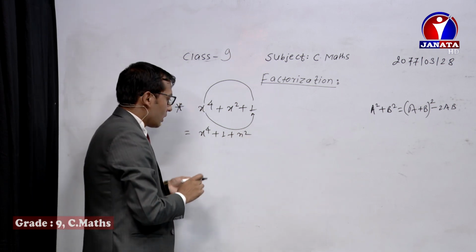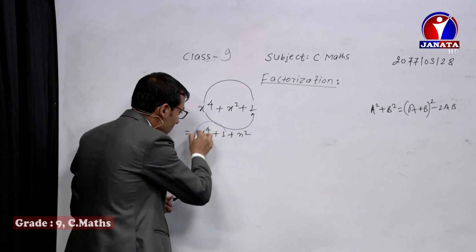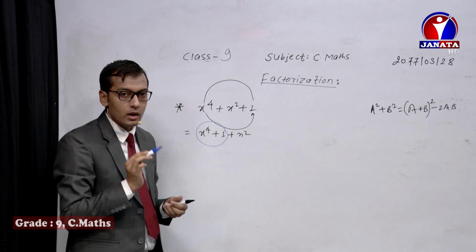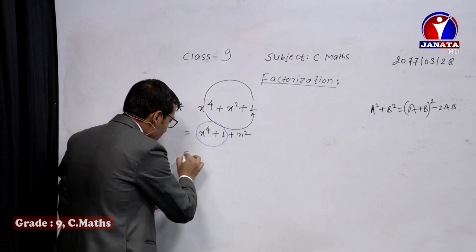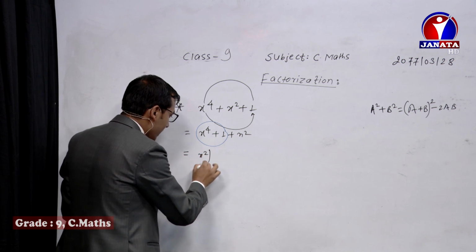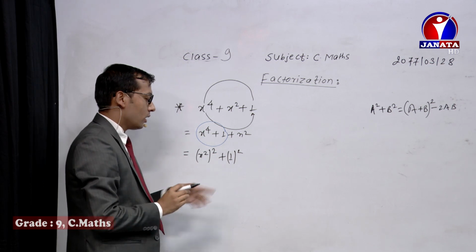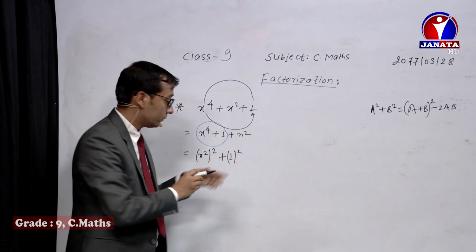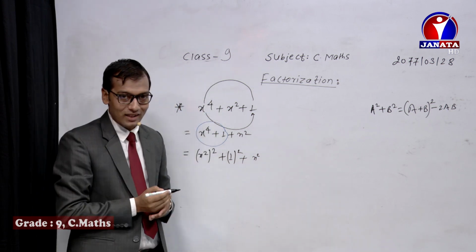Let's convert these first two terms into a square plus b square form. x to the 4 is (x square) whole square, plus 1 square, because 1 square is 1, and I am writing the last term as it is.